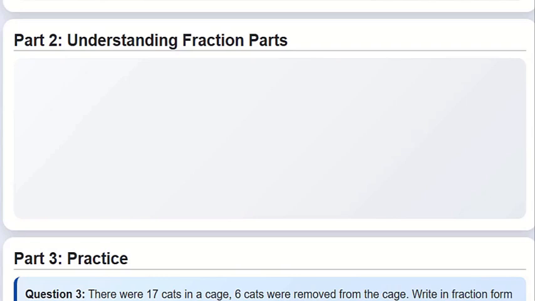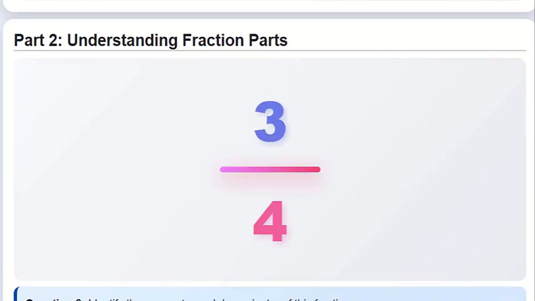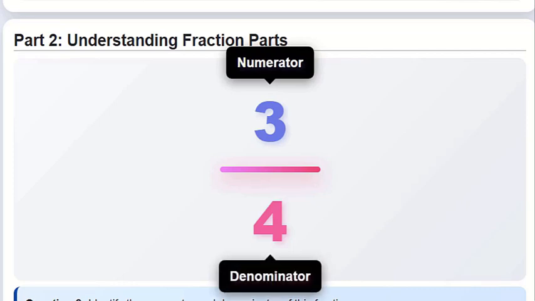Now that you know what is a fraction, can we learn about the parts of a fraction? If, for example, I have a fraction like this, the upper number is called the numerator. In this case, 3 is the numerator. Then the lower one, the one below this bar, is called the denominator.